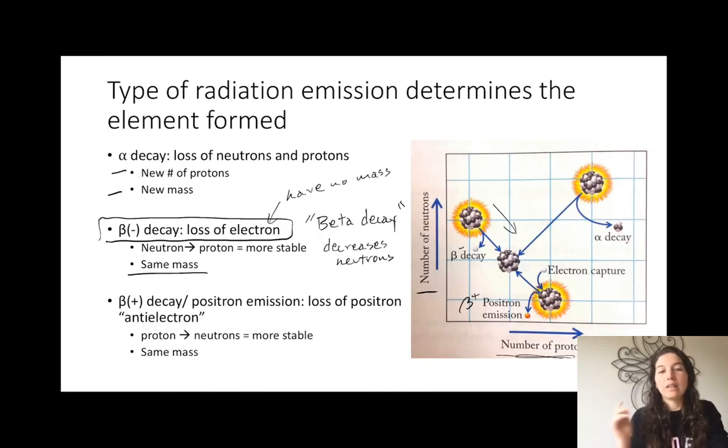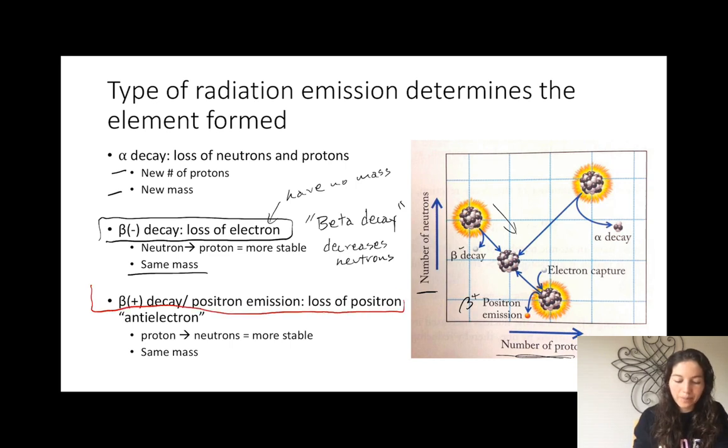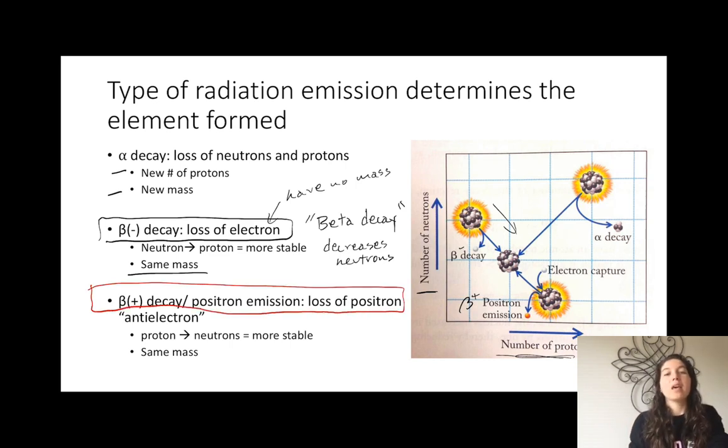Now let's take a look at our last form of radiation that I want to talk about. There are more that I'm not going to discuss, but we're going to talk about these three. Okay. So this is beta plus decay, and this is positron emission. We're going to discuss what a positron is. Essentially what we're seeing here for positron emission is that these are proton-heavy atoms, and so they're reducing their proton count to go back to a stable nucleus.